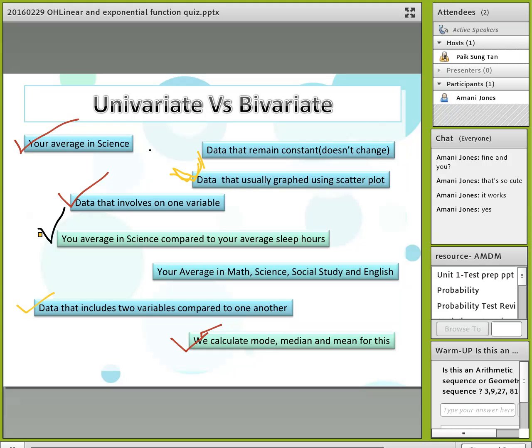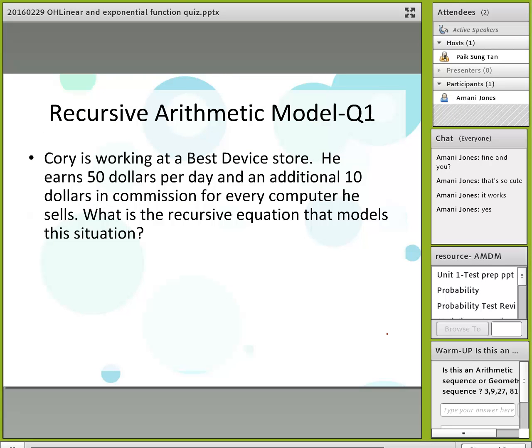Data that remain constant doesn't belong to any of these. It doesn't explain whether it's univariate or bivariate. Both data could remain constant or they don't remain constant. I put it there as a distractor. All right, good job. That was a good activity.